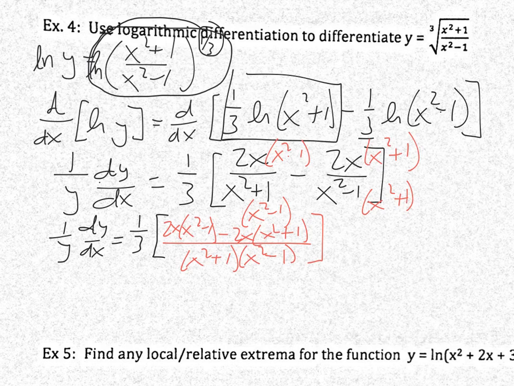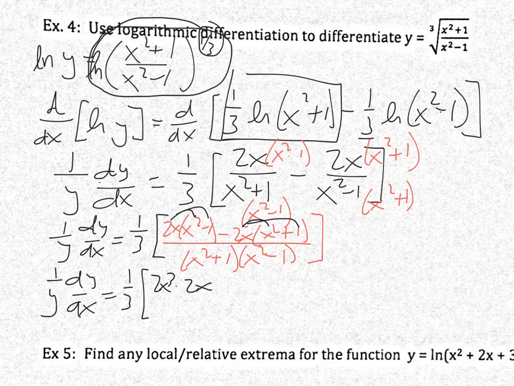And so I'm going to distribute the 2x here and here, and the 2x here and here. And so I get 1 over y dy/dx equals 1/3 times 2x cubed minus 2x. Over here I'm going to get minus 2x cubed minus 2x over x squared plus 1, x squared minus 1.